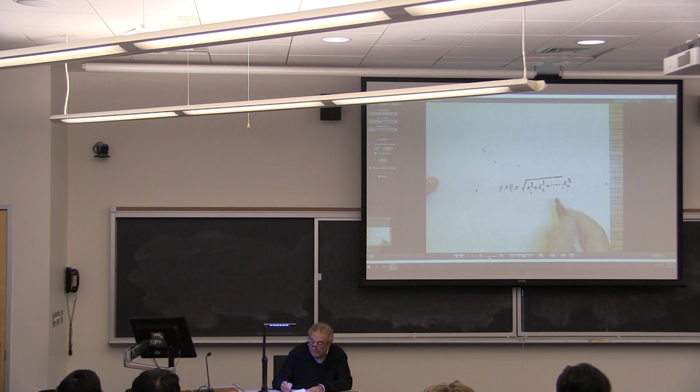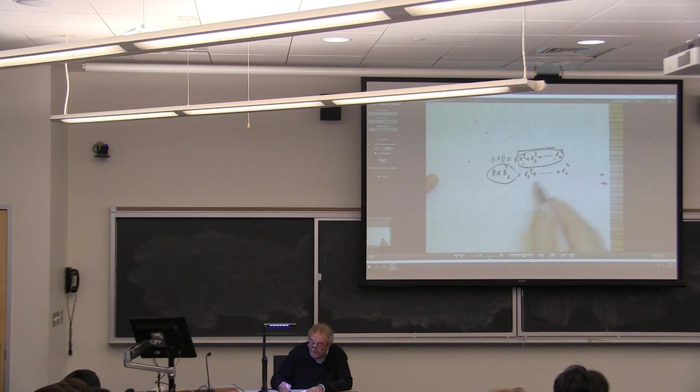But if I take the 2 norm to the power 2, it is x1 squared plus all the other terms plus xn squared. This expression can be written as x1, x2, all the way to xn, as a row vector times a column vector, like that.